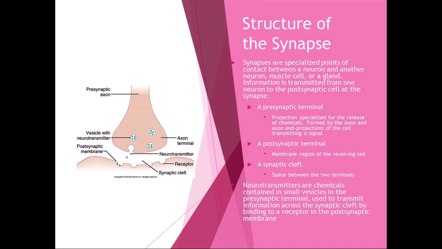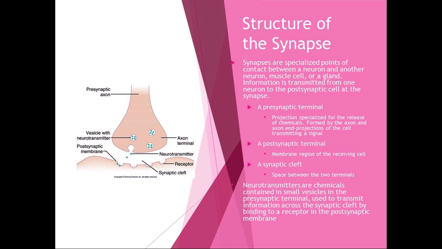This has to happen. So the presynaptic terminal is a projection of the axon that is specialized for the release of neurochemicals. It's formed by the axon and the axon end projection of the cell transmitting the signal. So one single axon on a cell can have lots of presynaptic terminals.